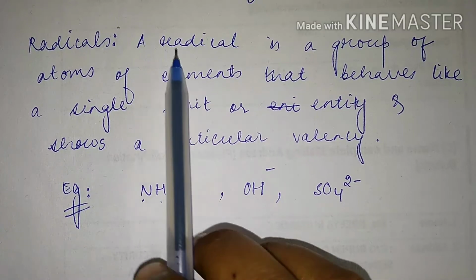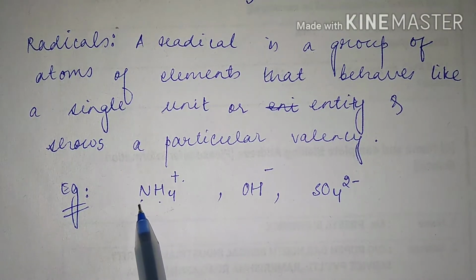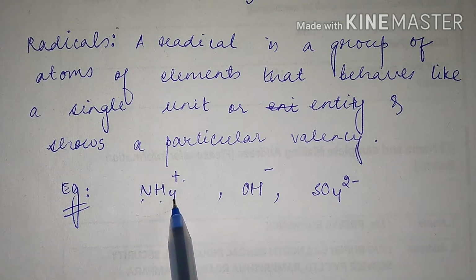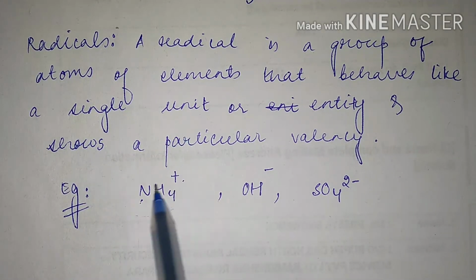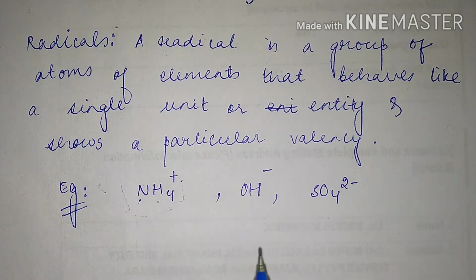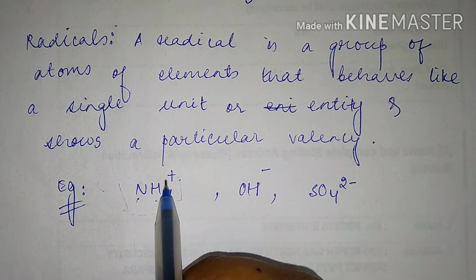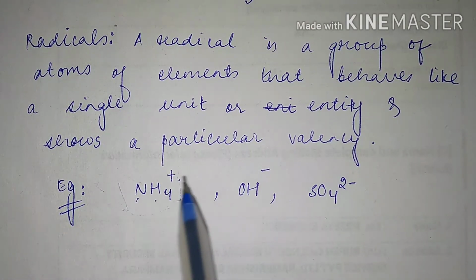So a radical is a group of atoms of elements. Here 1 atom and here 4 atoms are present, that behaves like a single unit. This nitrogen will not show a separate valency and this hydrogen will never show a separate valency. It will form a unit valency of 1, as it behaves as a single entity.